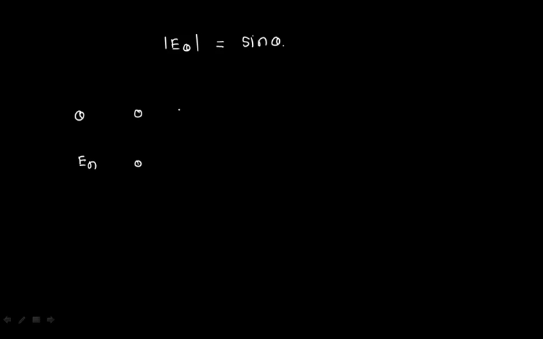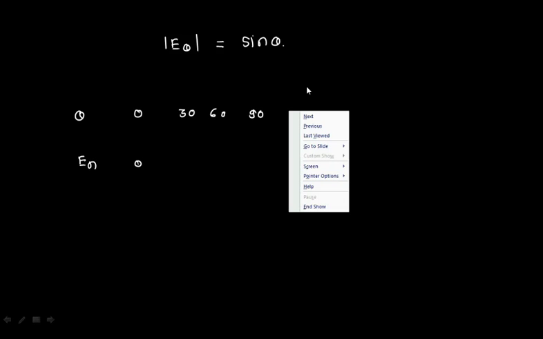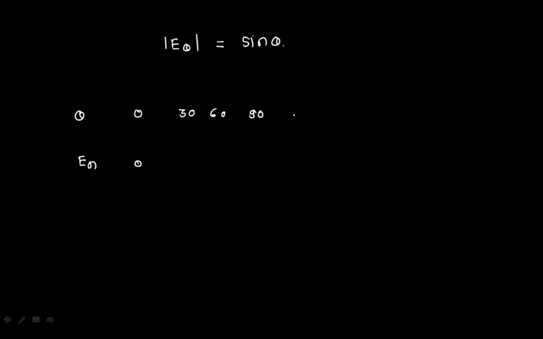I'll put 30 degrees, 60 degrees, 90 degrees, moving in steps of 30 degrees: 120, 150, 180, up to 360 degrees. So 210, 240, 270, 300, 330, and the last one 360 degrees, which is again 0 degrees.